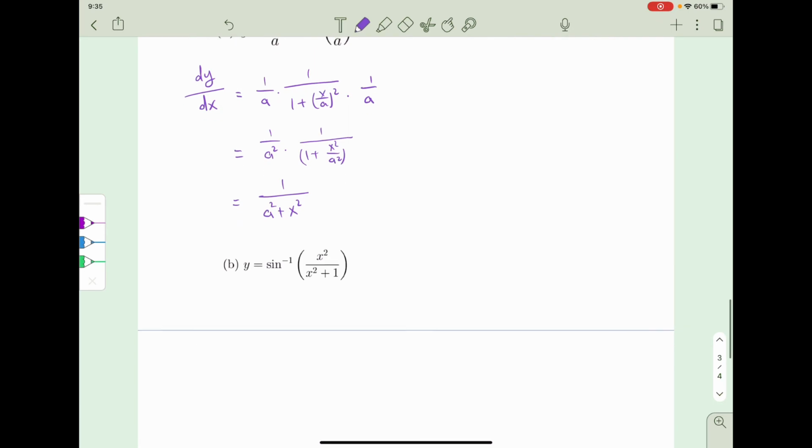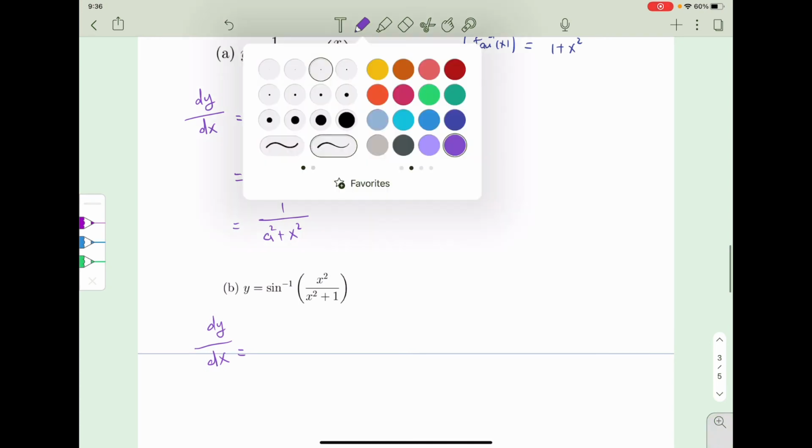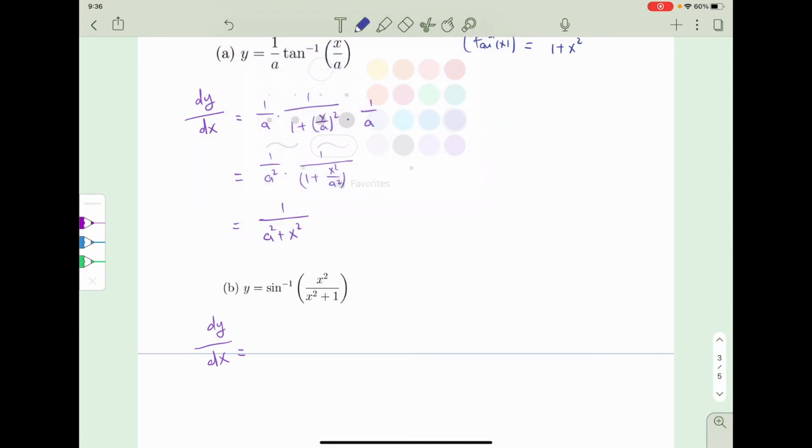So now let's do this. dy over dx equal to, chain rule here, right? The derivative for our sine inverse function is, which I will remind you here: sine inverse x derivative is equal to 1 over the square root of 1 minus x squared.